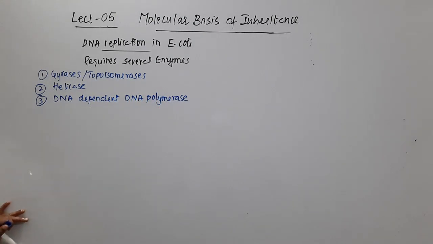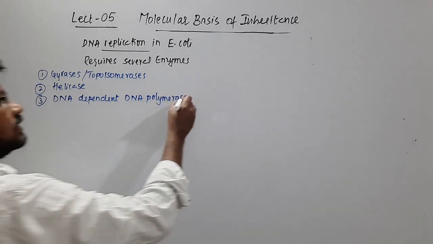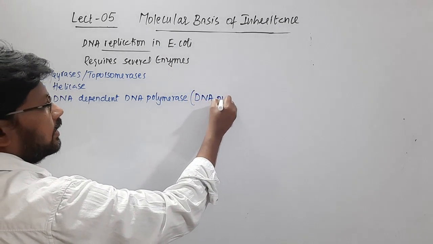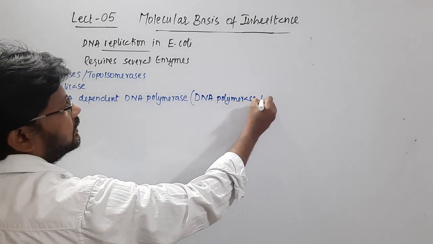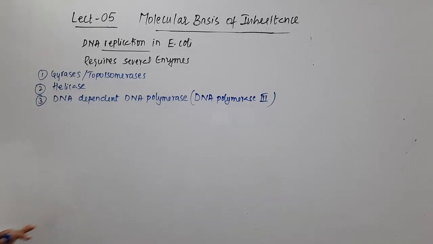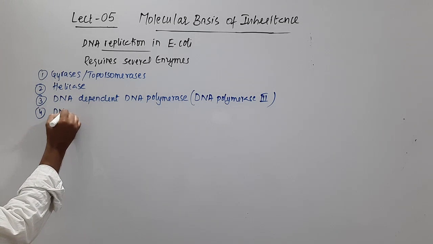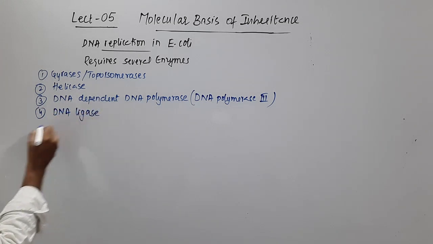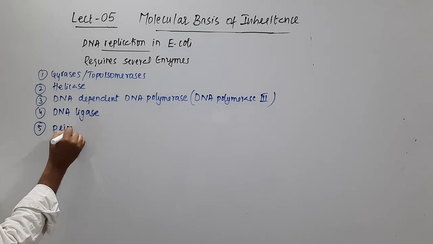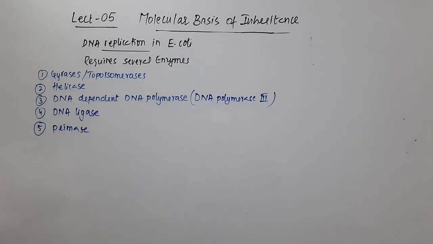I'll just mention this as DNA polymerase 3, the enzyme that is required. This is actually the main enzyme, which is very important. Then DNA ligase, and lastly an enzyme called primase. So these are the different enzymes required in the replication of DNA in E. coli. Let's see what the functions of these enzymes are.